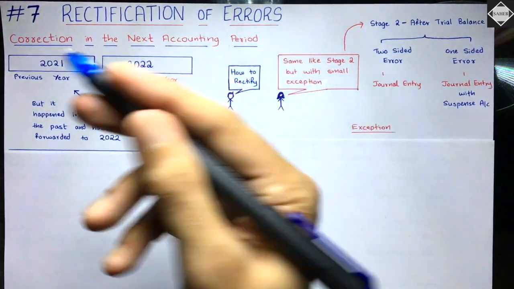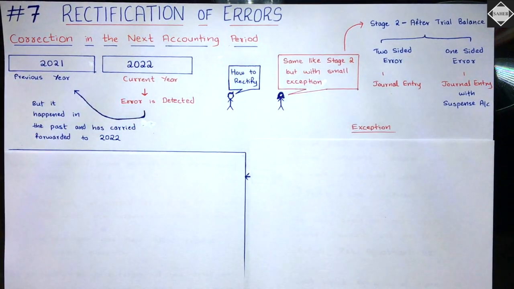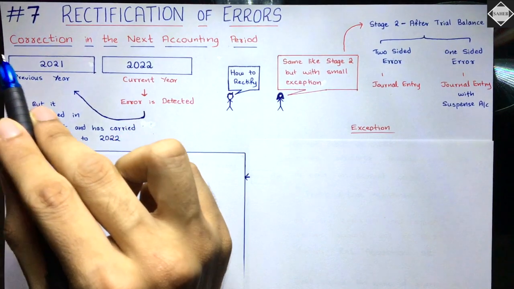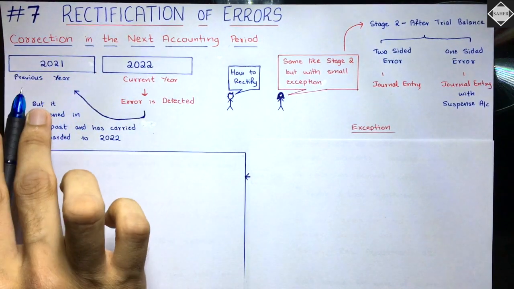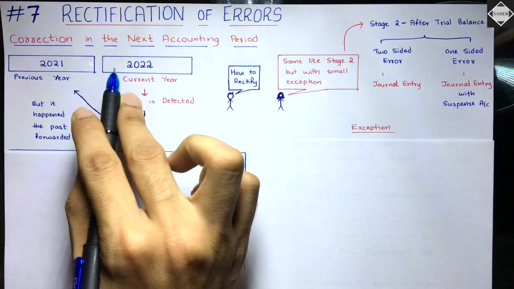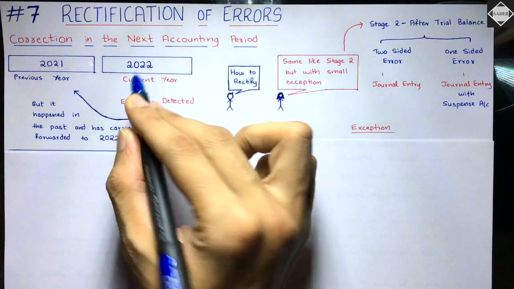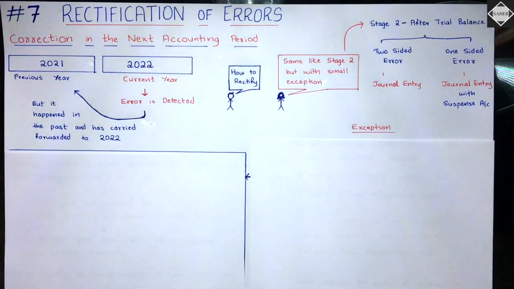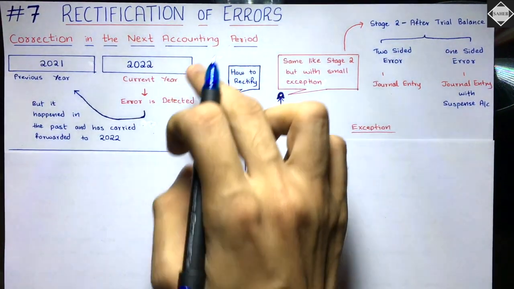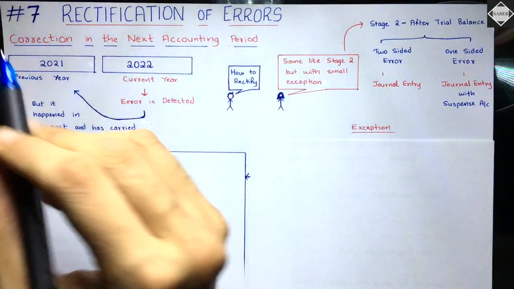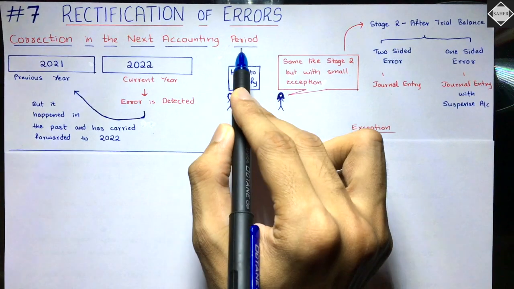It happened in the previous accounting period, that is 2021, but it was not identified nor rectified there, so it was carried forward to the next accounting period, that is 2022. So in the next accounting period, we identify it and then we have to rectify it. That's the situation we have over here, and this situation comes under the topic, correction in the next accounting period.